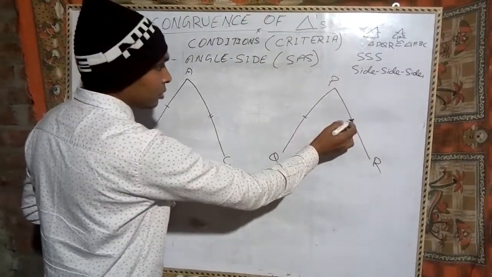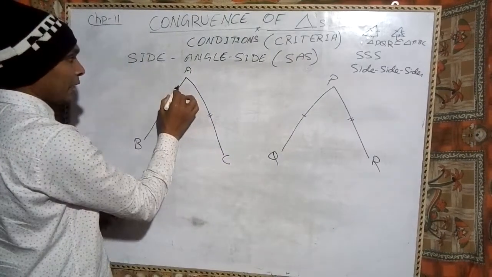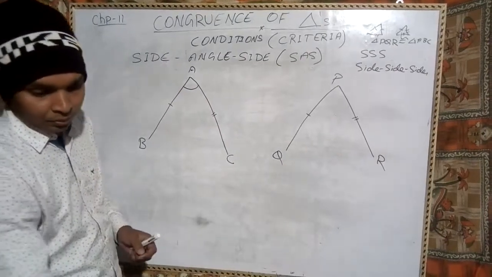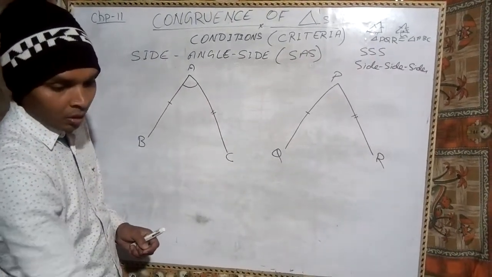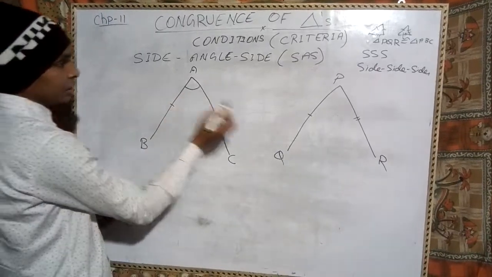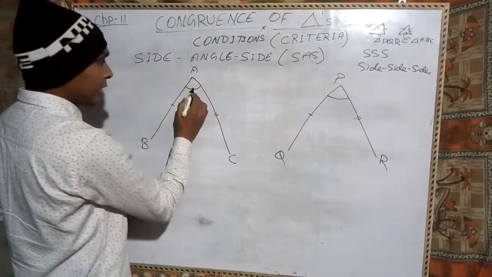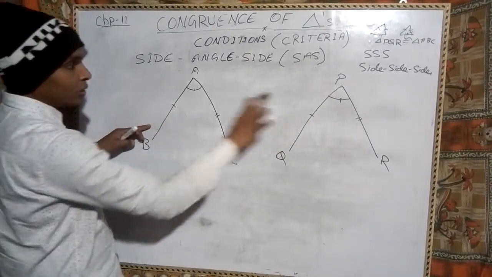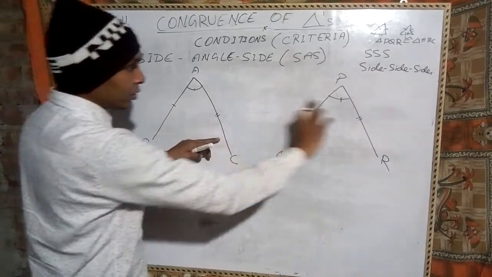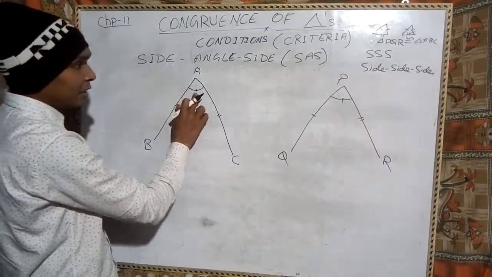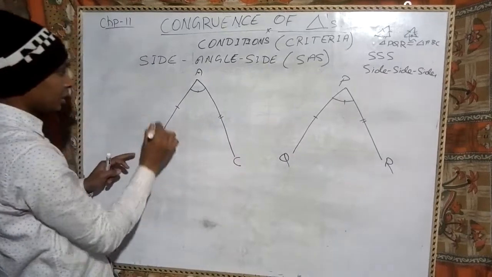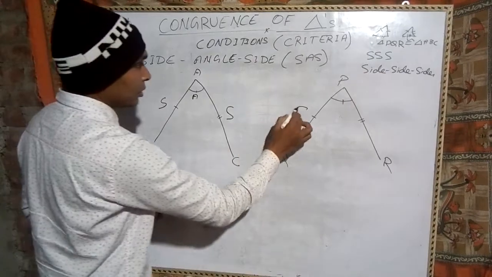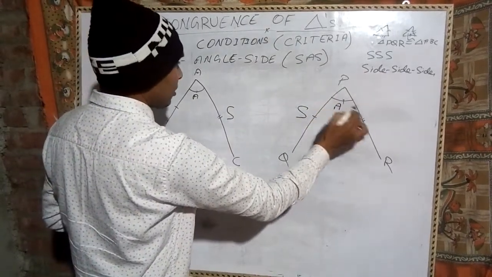This side equal to this side and similar also, and the including angle also. Okay. So the including angle is this, and here is this, means this angle is equal to this angle. Means if this side equal to this side, if this side equal to this side, and this angle is equal to this angle, so this condition is side, angle, side.